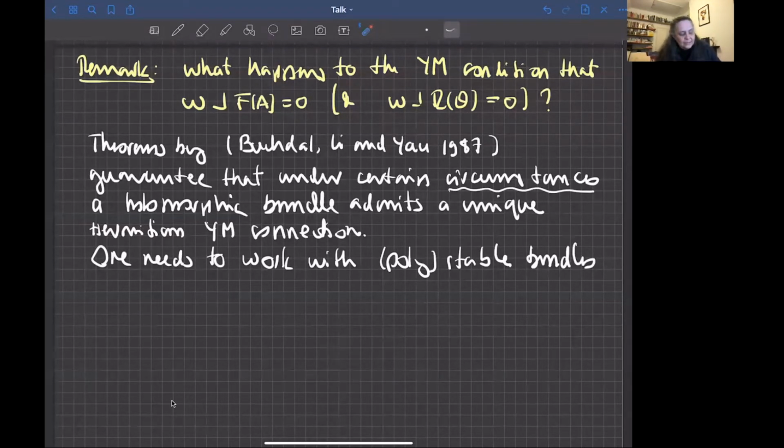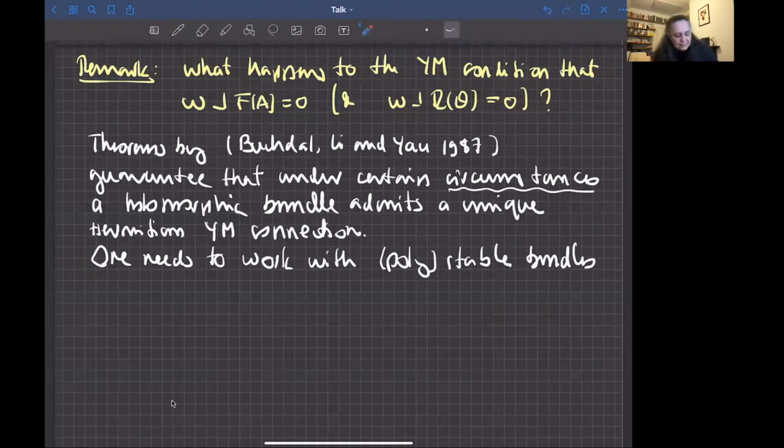So these theorems guarantee that under certain circumstances, a holomorphic bundle always admits a unique Hermitian-Yang-Mills connection. That means there is a unique solution to this. I don't want to enter into the technicalities of these circumstances, but what it means is that one needs to work with bundles which are polystable.